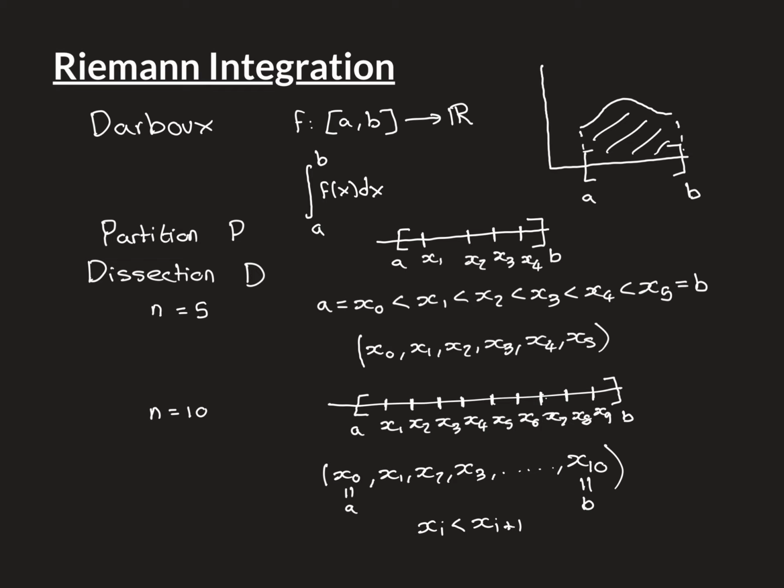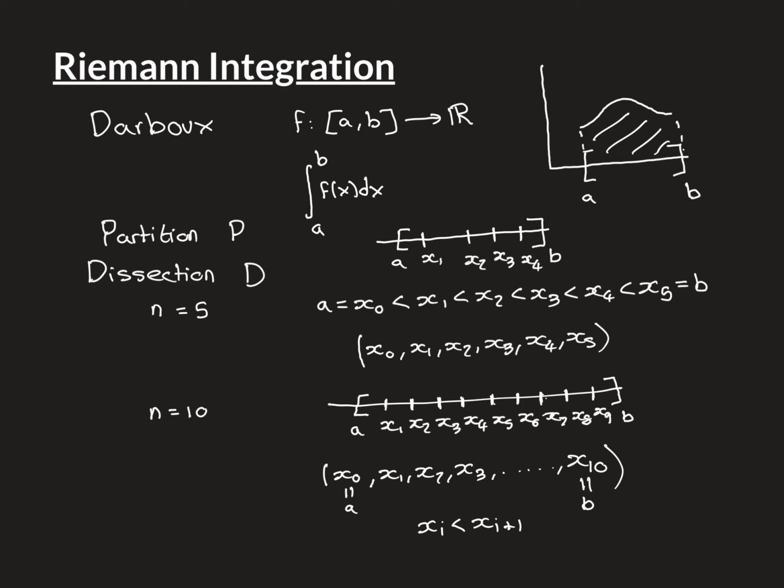Instead, they call this concept a partition. So it's far more common that you'll see this. However, because I was first taught it this way, it's the one that's stuck in my head, and it's the one I still prefer. So I'm going to teach it to you like that and talk about dissections throughout this video. However, be aware that most textbooks will instead refer to a partition of the interval AB rather than dissection.